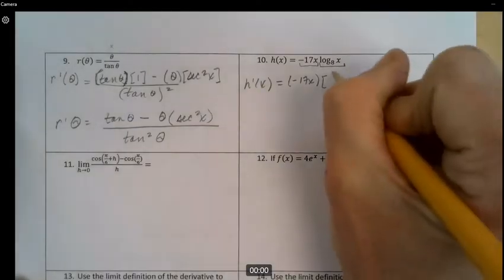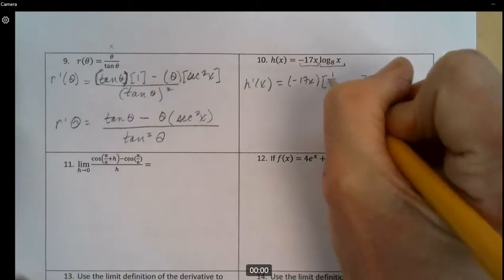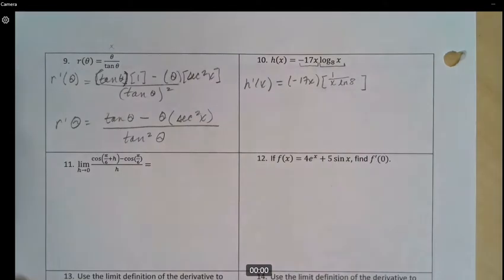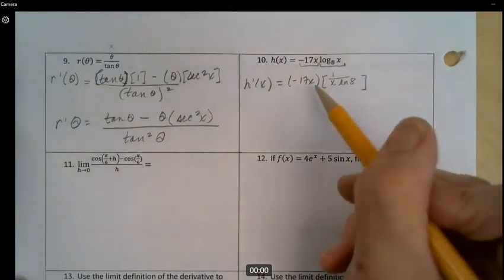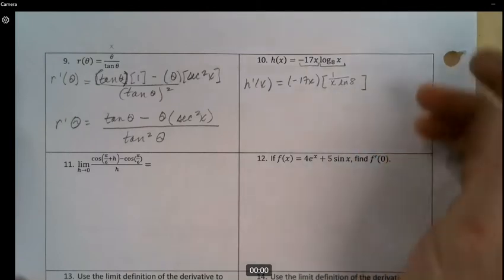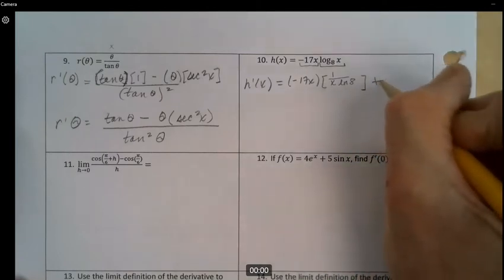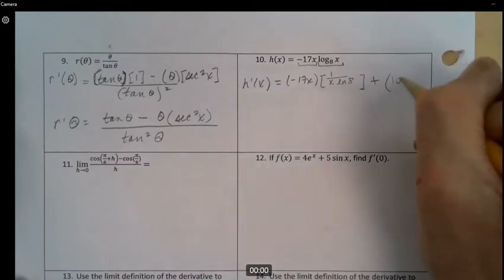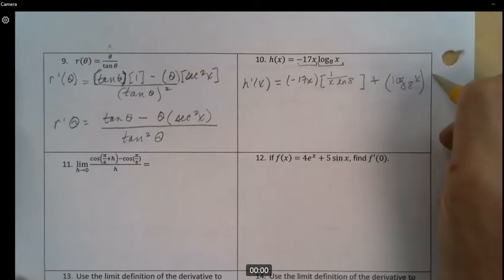So that's going to be 1 over x, and in that denominator is the natural log of 8. My first times the derivative of my second plus my second, log base 8 of x, times the derivative of my first.